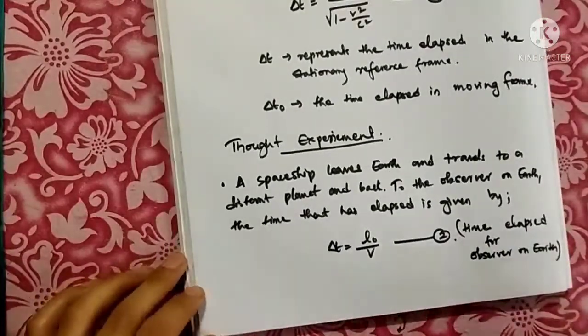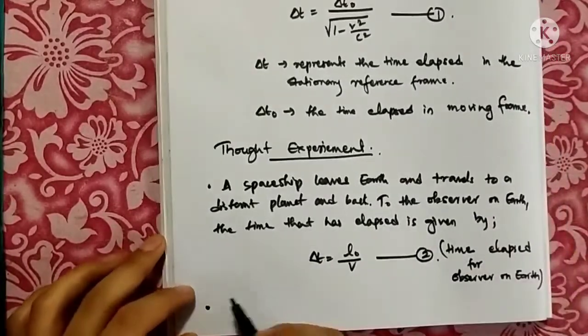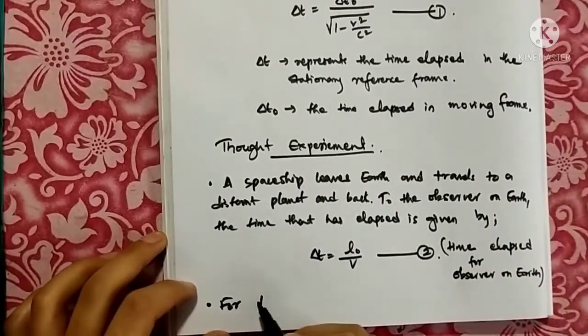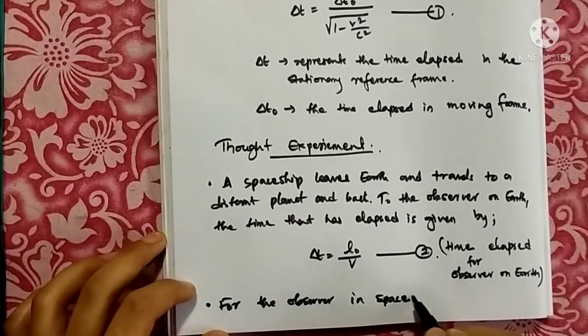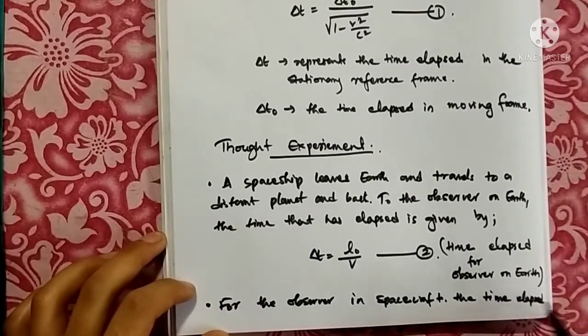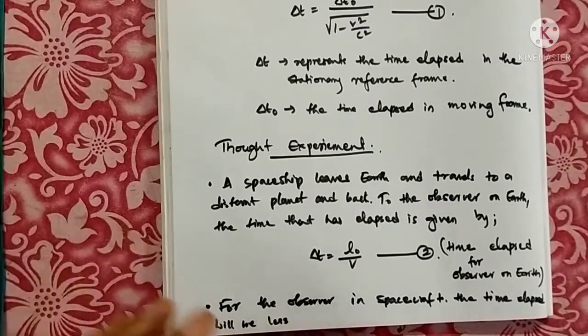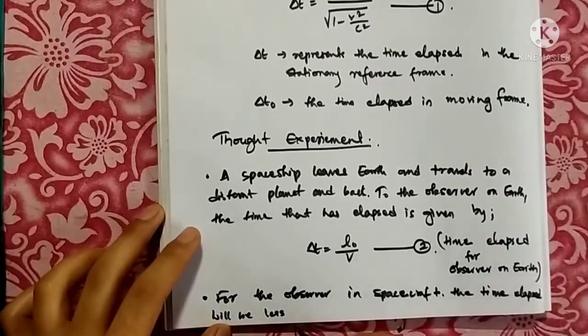Now for the observer in the spacecraft, the time elapsed will be less. That is time dilation, and this time is the proper time, delta t naught.